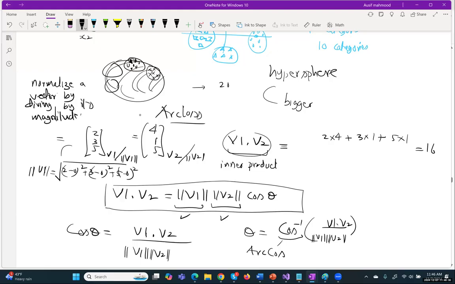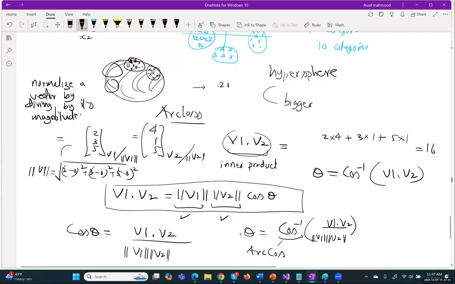Normalizing basically means we're converting its magnitude to 1. So if you take a look at the theta between two vectors, what does it become? The bottom is 1, so isn't it simply the dot product? Take the dot product, take the cosine inverse, and that will give you the angle.